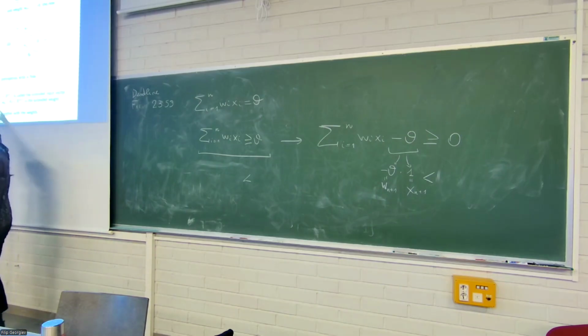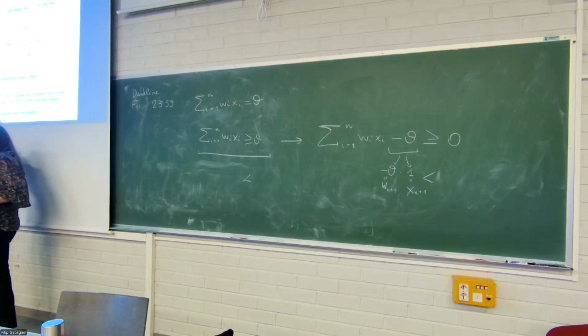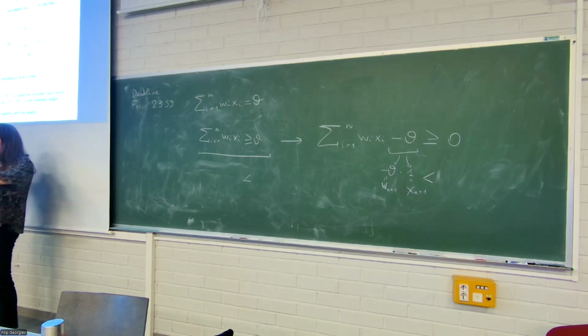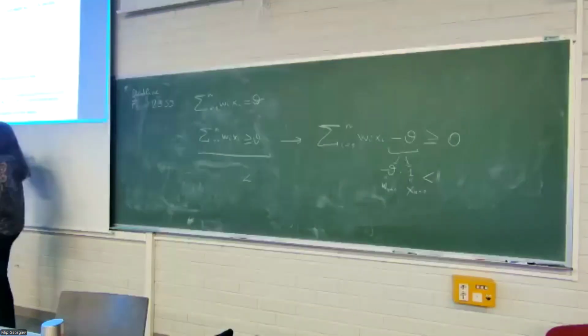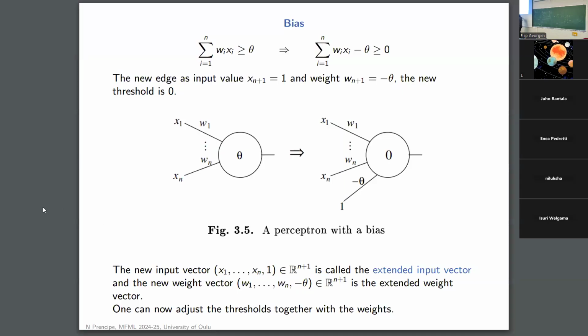So the new input vector is this with a 1, and people who like projective geometry might see something here, like this extended vector. But it's not really important. Here the weight vector is this, and the last component is the threshold that I adjust. I don't even call it threshold, it's just an extra weight. You have probably already seen it, so it's not really crazy.